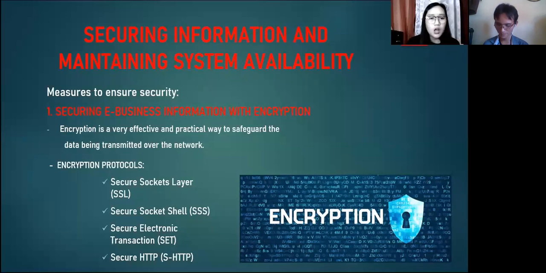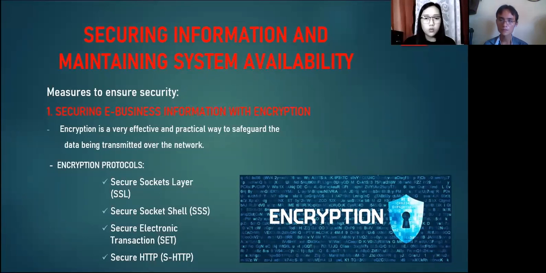Encryption is a very effective and practical way to safeguard the data transmitted over the network. The concept here is that the sender of the information encrypts the data using a secret code, and only that specified particular receiver can decrypt the said data using the same or a different secret code.